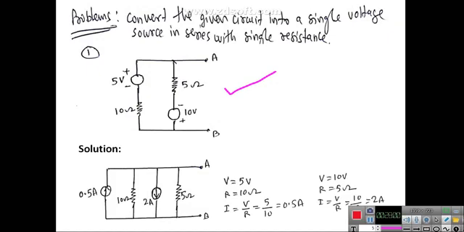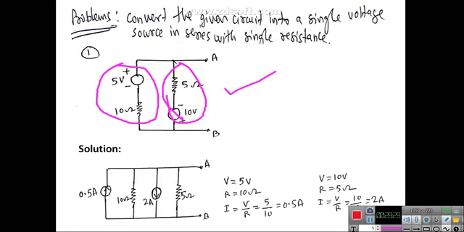For that, these two voltage sources can be converted into current sources. First, converting the voltage source in series with the 10 ohm: V is 5, R is 10. Making use of Ohm's law, I is equal to V by R, so 5 by 10 is 0.5 ampere.